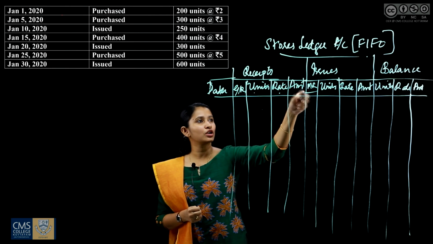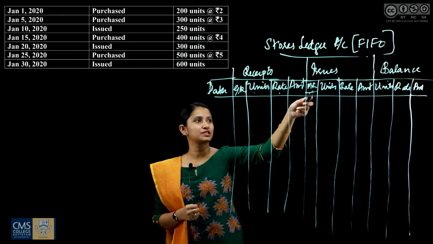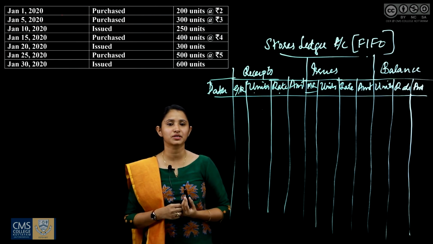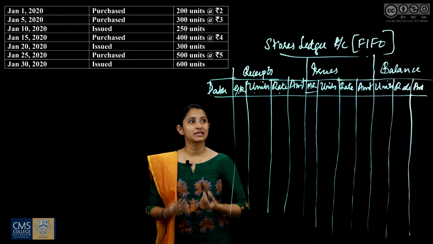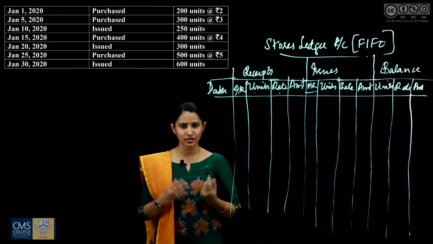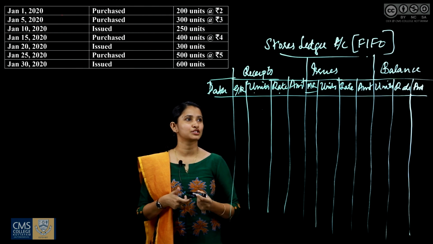And in the issues column, you have something similar to a goods received note number. We have the MR number, which is known as the material requisition number. That also we did mention in our purchase procedure.